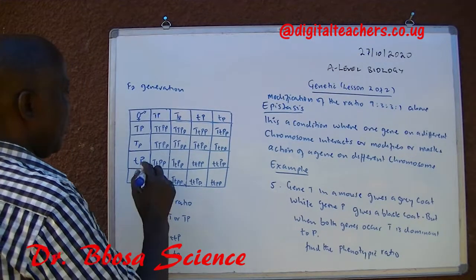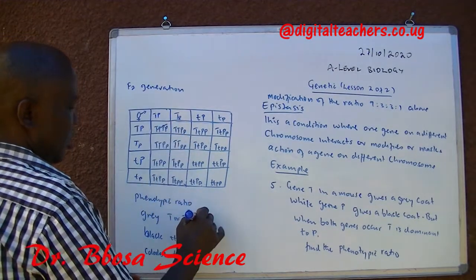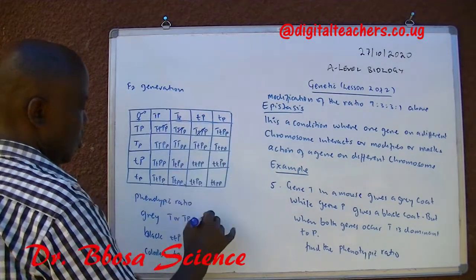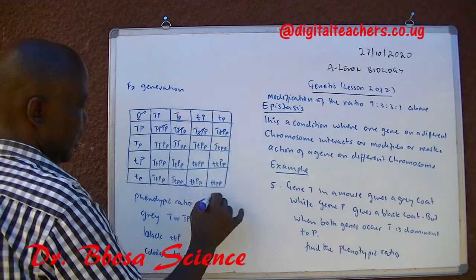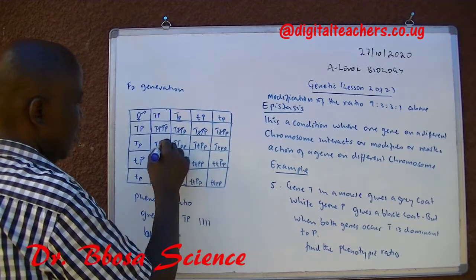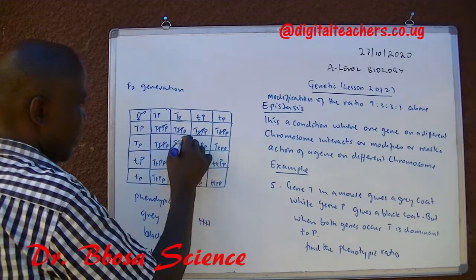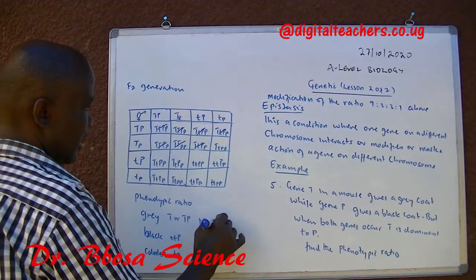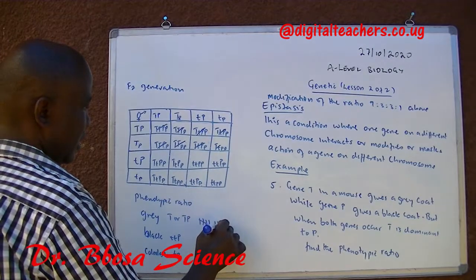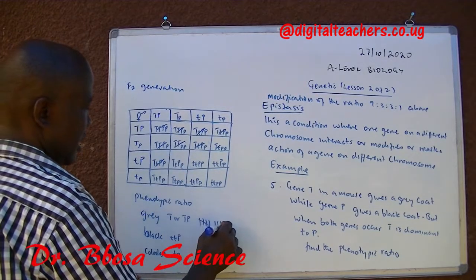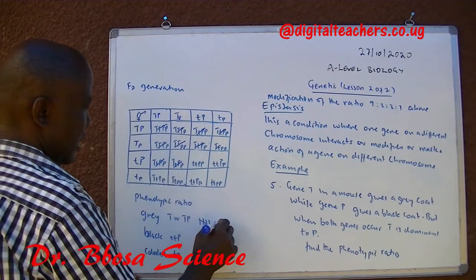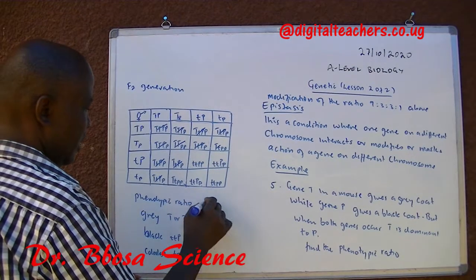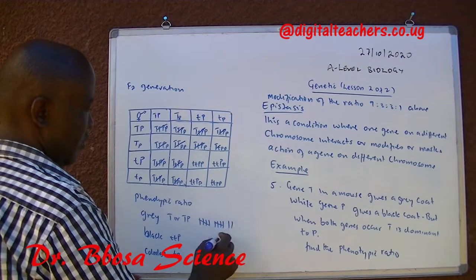So how many are gray? 1, 2, 3, 4, 5, as long as there's a capital T, 6, 7, 8, 9, 10, 11, 12.